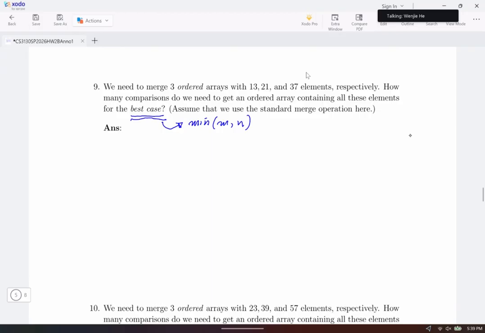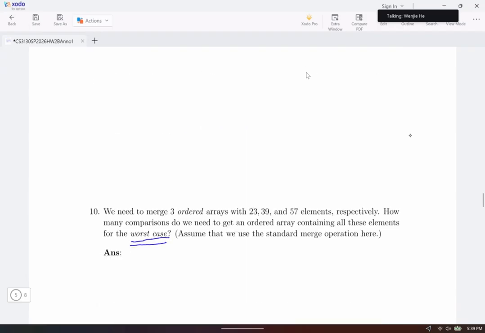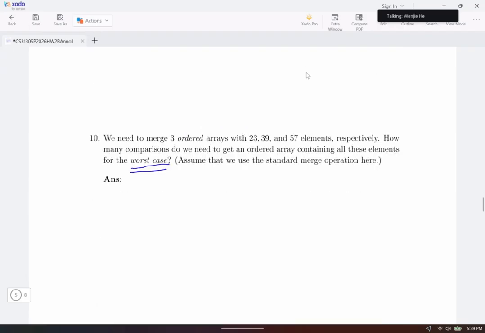So when we merge two ordered arrays with the sizes m and n, then the best case formula is this one. Then the worst case formula, you just use m plus n minus 1. All right.